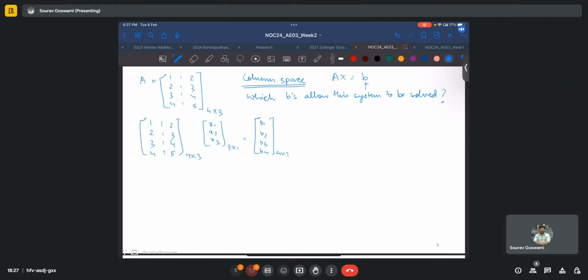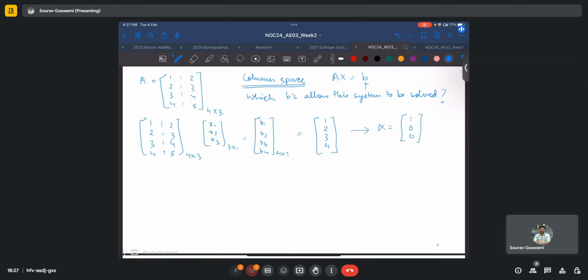So if I just put one of the columns, say 1, 2, 3, 4, then what x do I end up with? In such a case, x will in fact be 1, 0, 0.